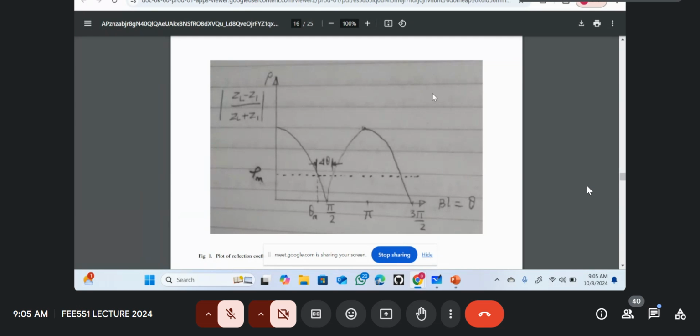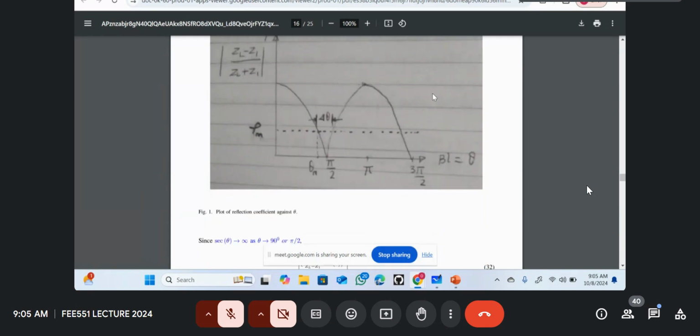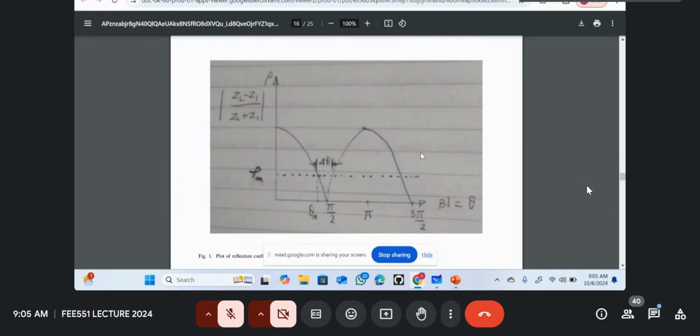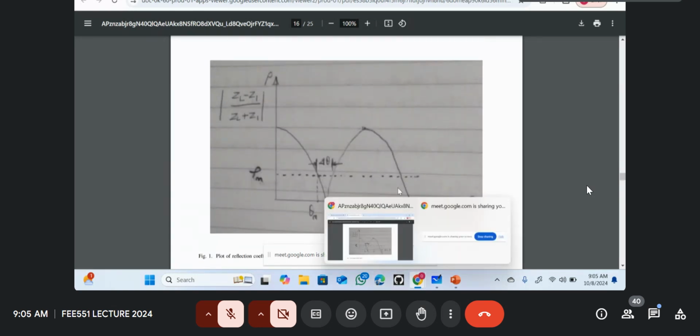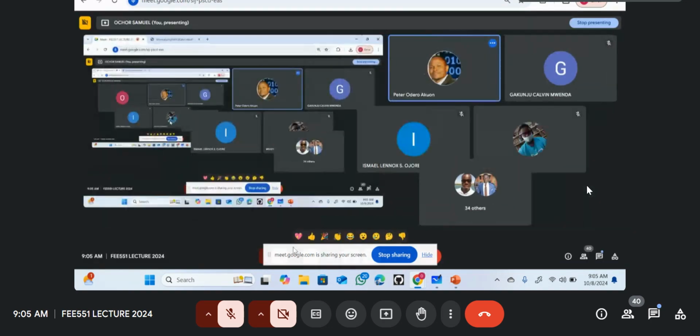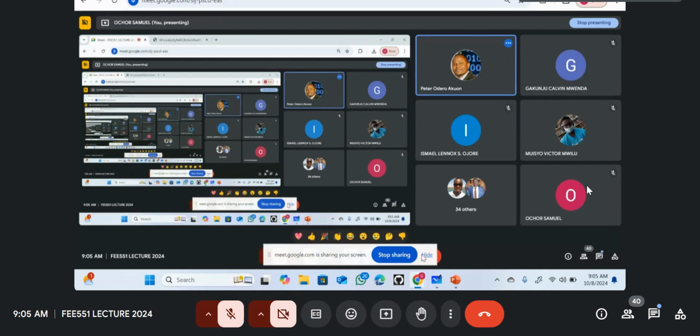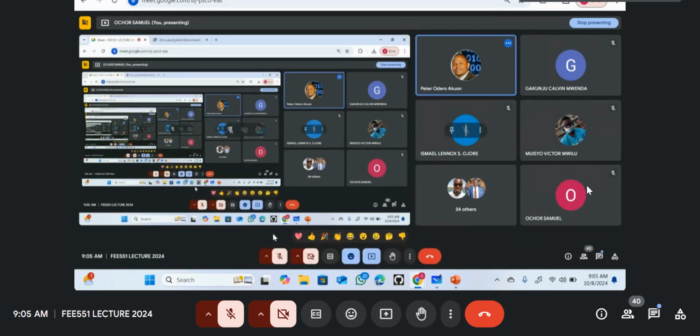Do you think you are comfortable explaining that curve? Can you kindly help me do that? I'm just having a look at it right now.